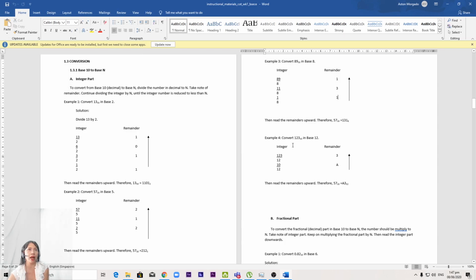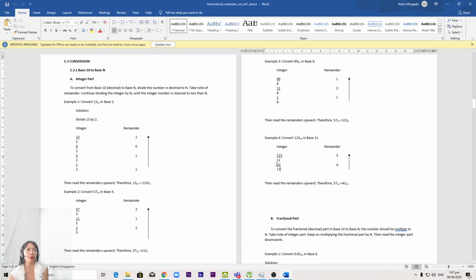And last, we have convert 123 base 10 to base 12. So again we divide decimal 123 by the base number that we want to convert it to. So this time we wanted to convert to base 12. Okay, so let's start. 123 divided by 12 is 10 with remainder 3.